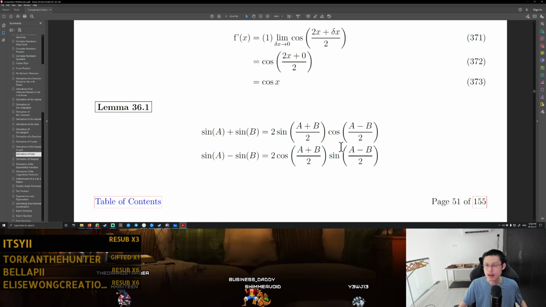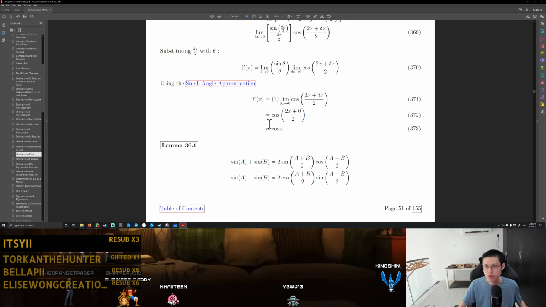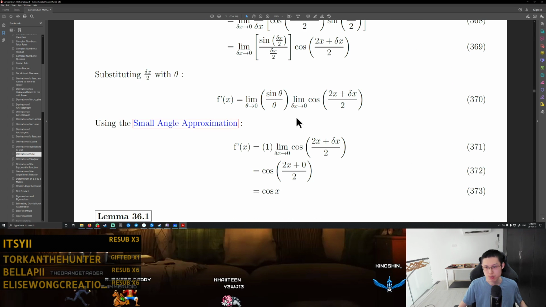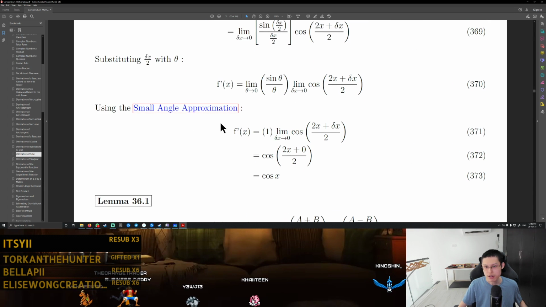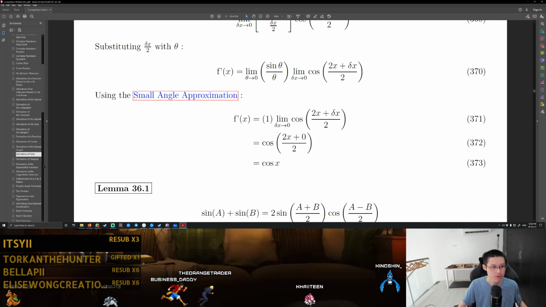You have to use the addition formula from the last chapter to expand this to get this. It's not immediately obvious why, but if you expand, you would actually get this one. So you put it in here, and you have to use the small angle approximation, and eventually you will get cos x. And again, this is not in the syllabus, so you don't have to know this.